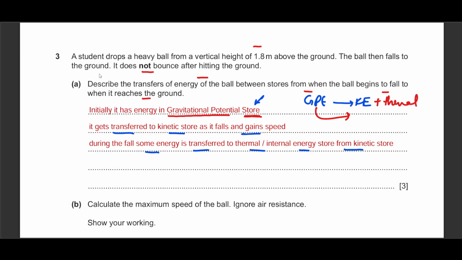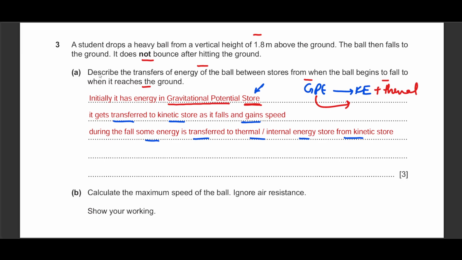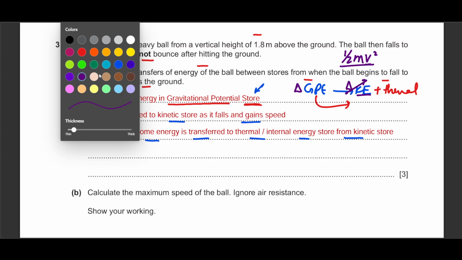And another trick question to this is what happens after terminal velocity? When terminal velocity is reached, the gravitational potential energy store is still losing energy. It is still giving its energy away because the ball is still falling. But the kinetic energy store is not gaining anything more, because at terminal velocity the velocity becomes constant. So every single time I calculate half mv squared, I'm going to get the same answer.